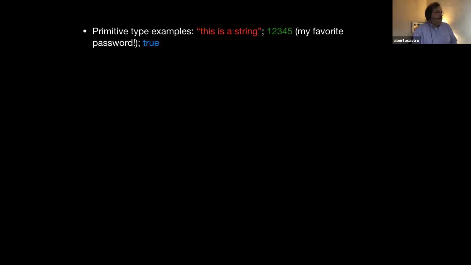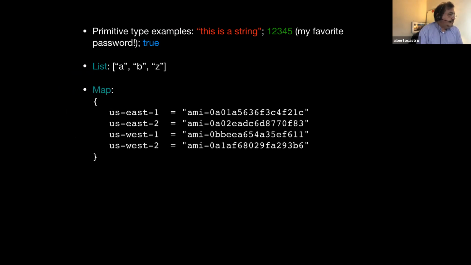Let's look at some examples. For the primitive types, we have a string, 12345, and true. A list would be A, B, Z, or 1, 2, 3, or something like that. A map here is a typical construct. One of the problems with Amazon is that the Amazon Machine Image that corresponds to certain operating systems is not the same in different regions.